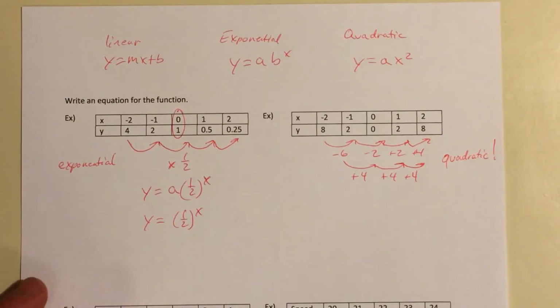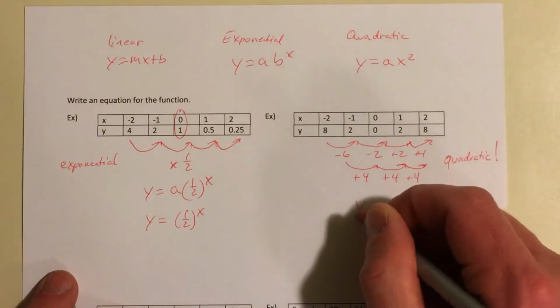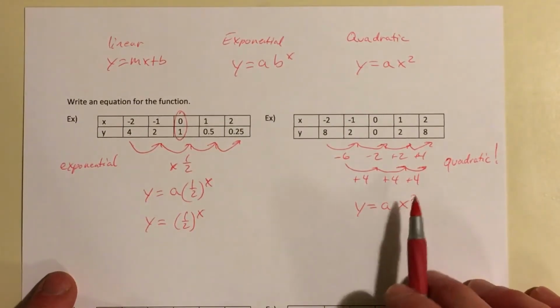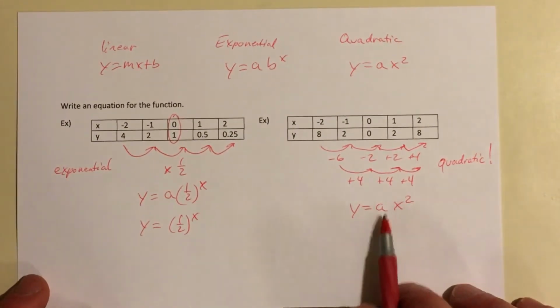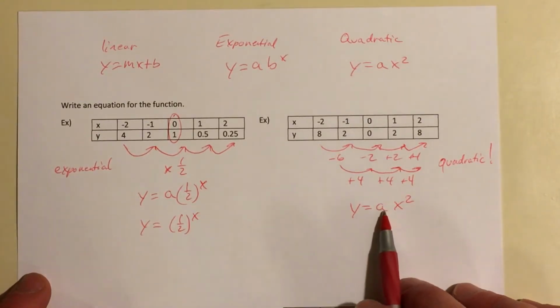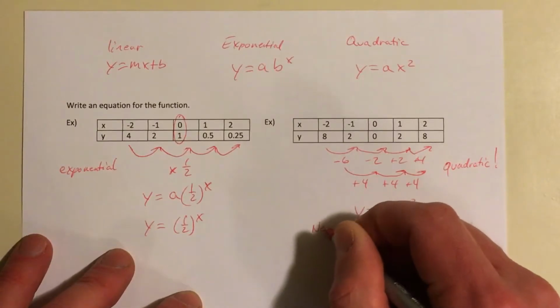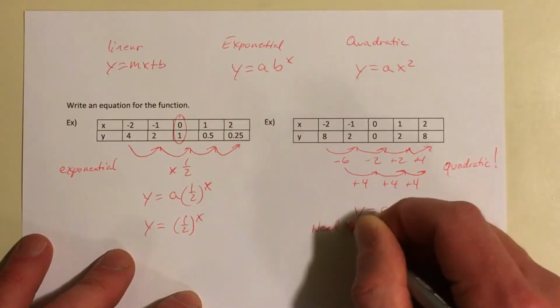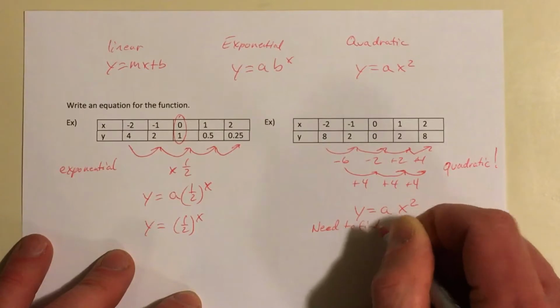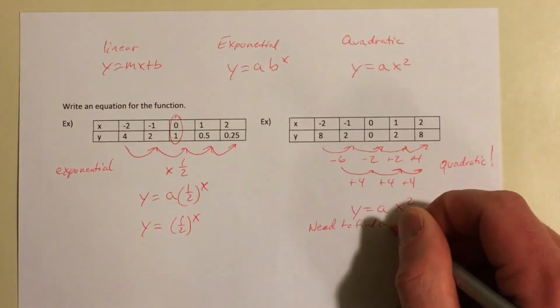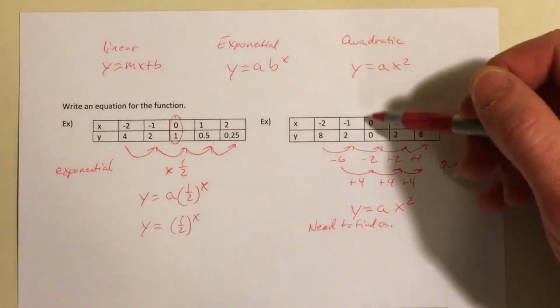So we know it's a quadratic, but because we're just going to focus on the simplest types, quadratics always have the x squared, but we need to determine what A's value is. Let me do a little explaining here. We need to find A, and A is not going to be the y-intercept.